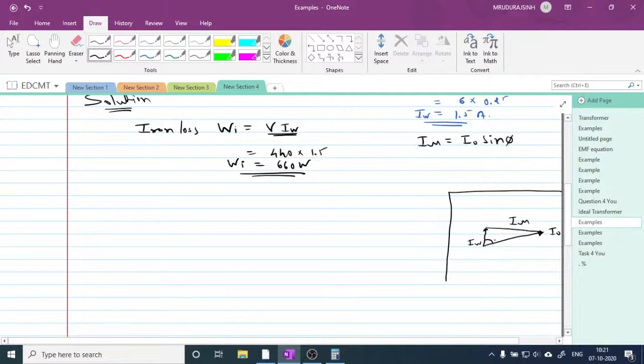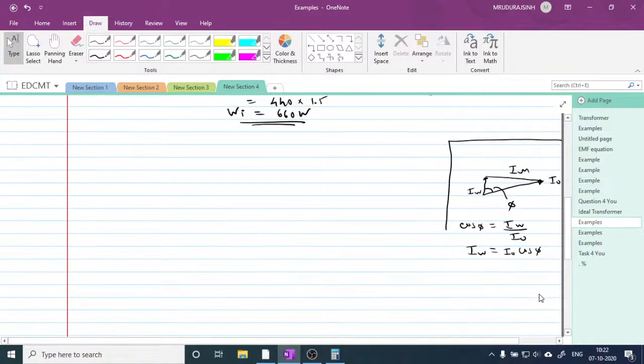This angle is given to us, and that is phi, right? Now if you want to write the cosine angle, then cos phi is equal to the adjacent side over the hypotenuse, so IW by I0. So from this you can write IW is equal to I0 into cos phi.